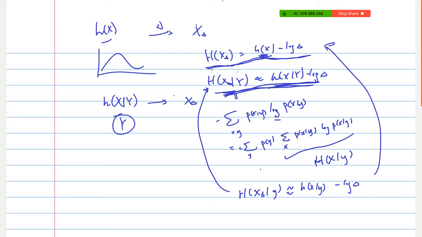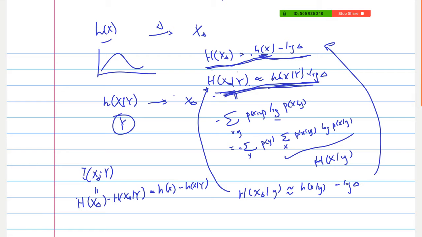So I have both of these. Then if you think of what the mutual information I(X delta; Y) is, it will be H(X delta) minus H(X delta given Y), so it will be H(X) minus H(X given Y). Basically the log delta will be cancelled.